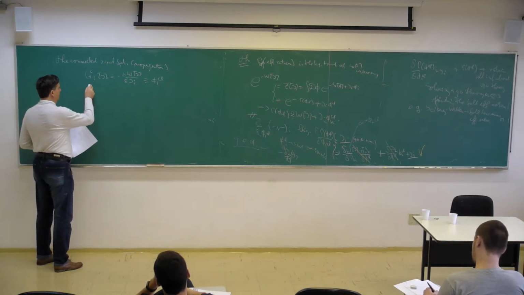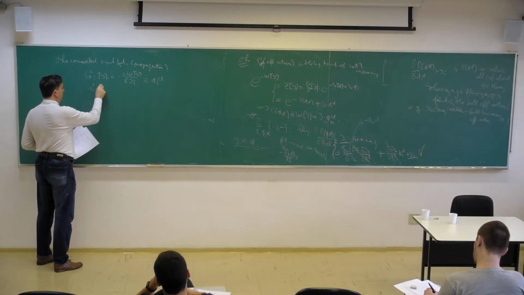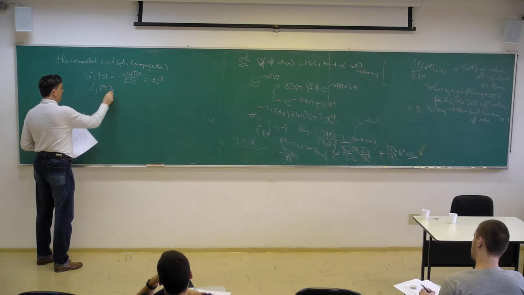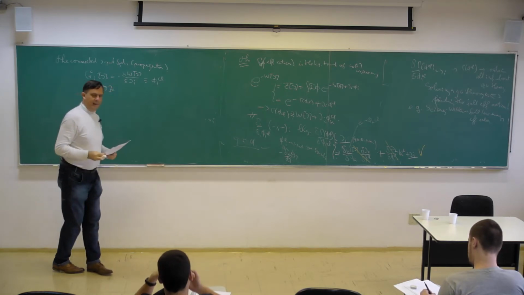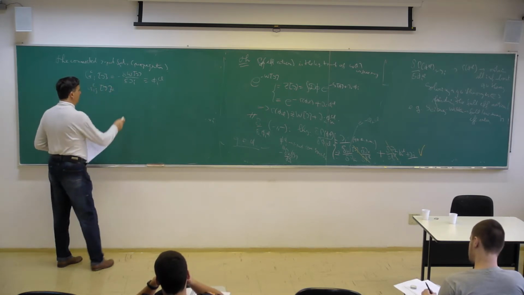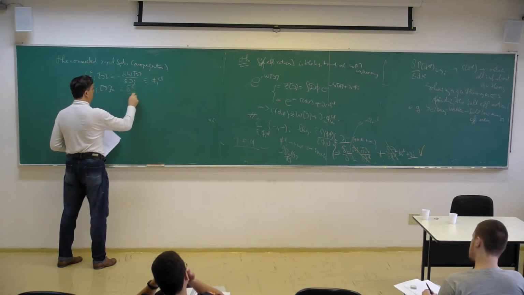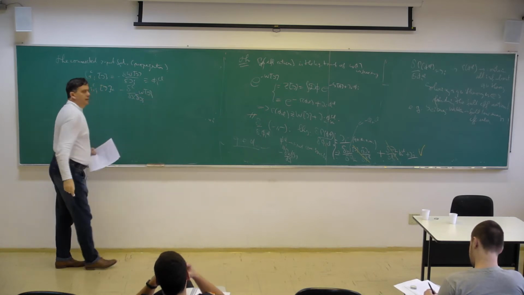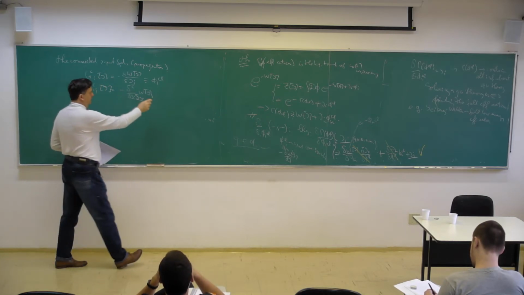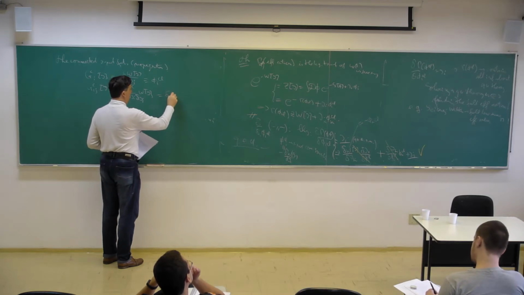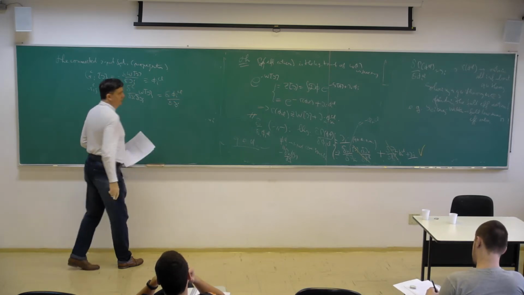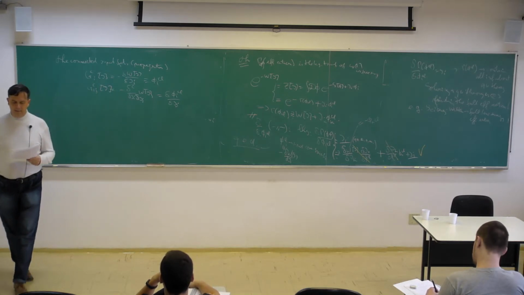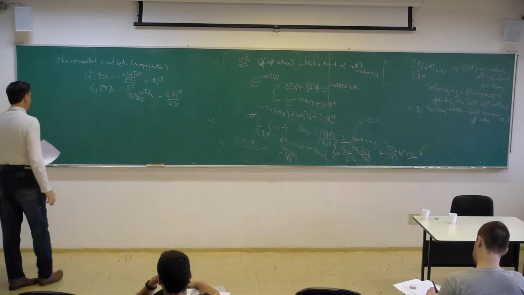But then the two-point function, connected two-point function, is taking one more derivative, right? So this is the same as taking the derivative of phi classical with respect to J.